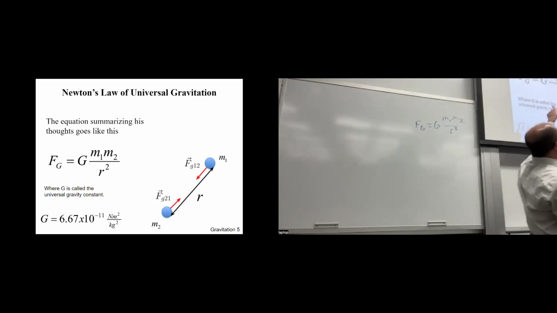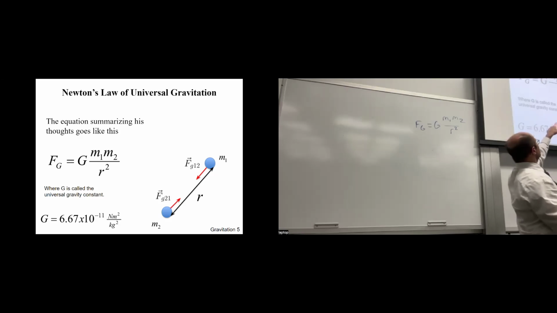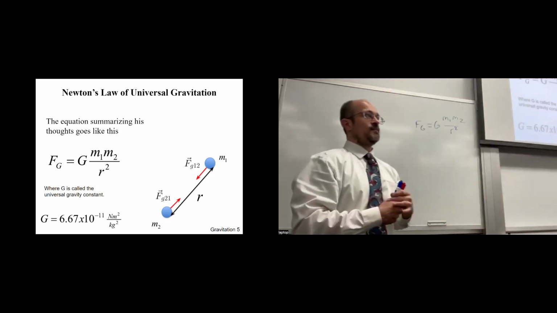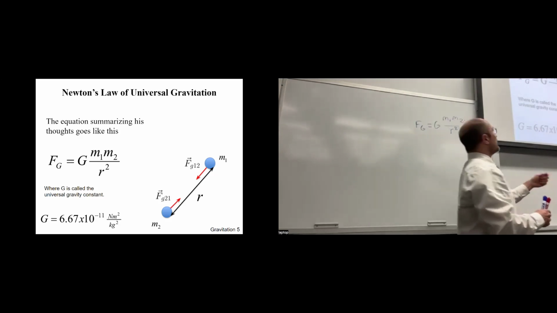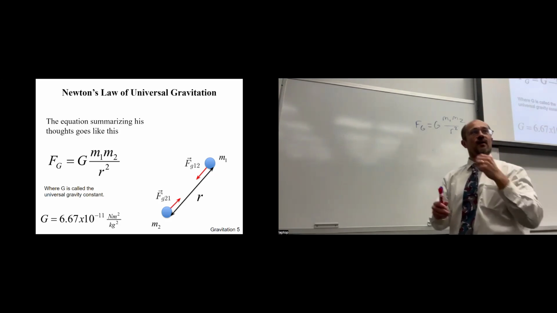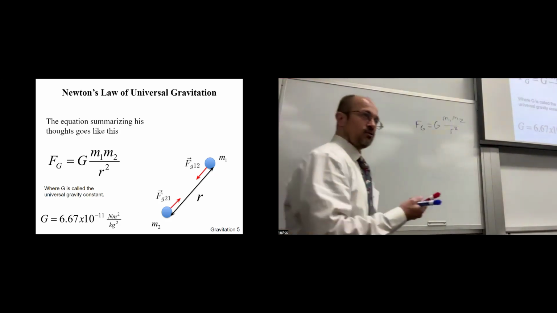When you take two small objects, M1 and M2, you multiply their masses together, divide by the separation distance, and multiply by a constant. Ironically, that constant is called big G, even though it's 6.67 times 10 to the minus 11. It's a very small number, which is why most normal objects don't attract each other.